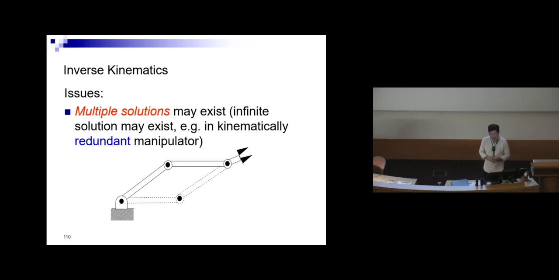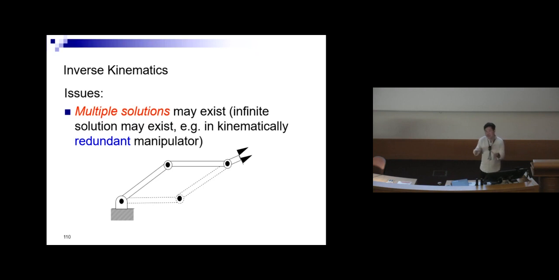So you may come across a situation where you have multiple solutions. When we look at the inverse kinematics, we are looking at the workspace and redundancy. Redundancy is defined when you have multiple solutions, and in some cases, you might have infinite solutions, for example, in a kinematically redundant manipulator.